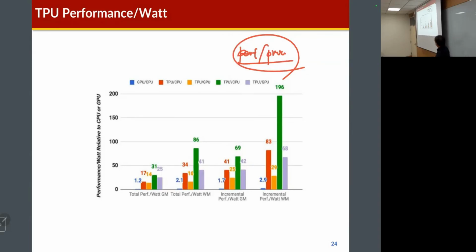As I mentioned, performance per power is a very important performance metric for the data center and modern architectures. So Google presented that the TPU's performance per watt is higher than the traditional GPU or CPU.